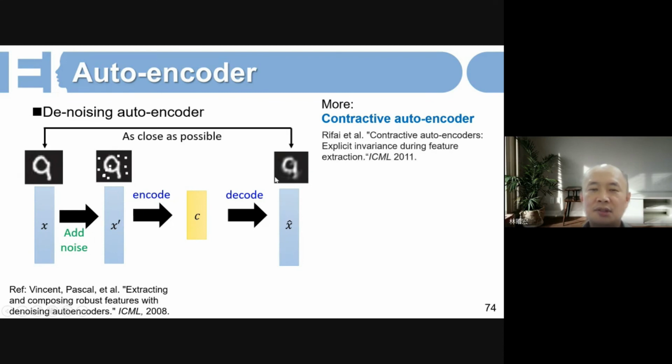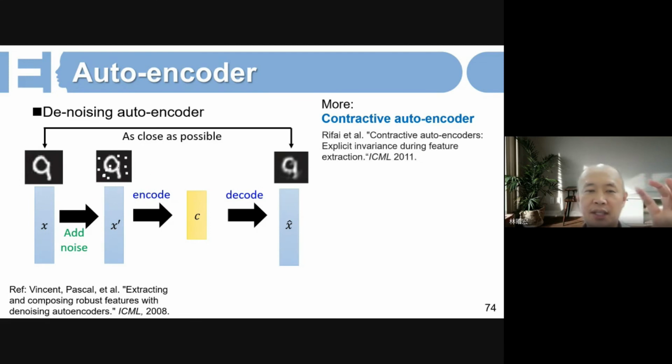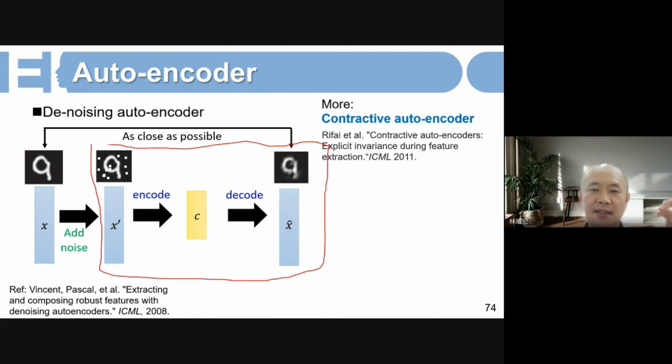The loss function is set to make the output as close as possible to the clean image. After model training, you use only this part of the model. So the input is a noisy image, the output is a clear image. Here is an example I provide.